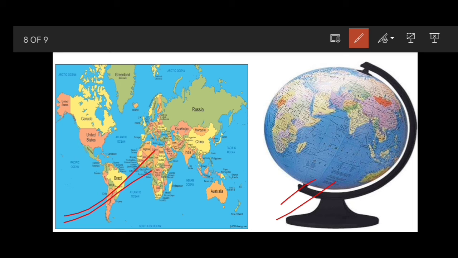We can take a map easily from one place to another and use it. But a globe is heavy. We cannot carry a globe to different places easily because it is heavy and difficult to carry from one place to another.